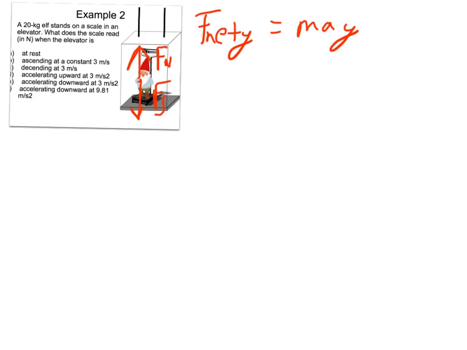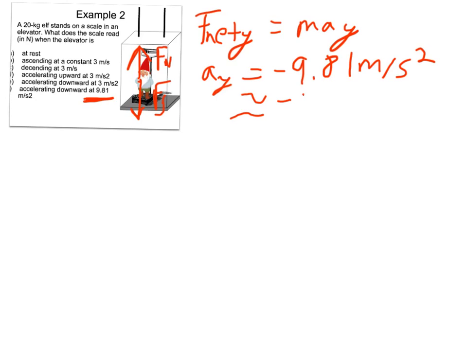This time our acceleration is downward, negative 9.81 meters per second squared. And yes, the fact that that's the same as gravity is going to mean something. It's pointing down, negative 9.81 meters per second squared. And since we call gravity about 10, let's go ahead and say that this is also about 10. Just because I want you to see what it means when you have an acceleration downward that's the same as gravity.